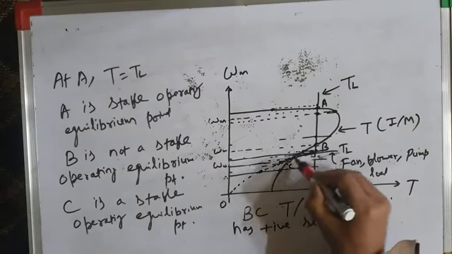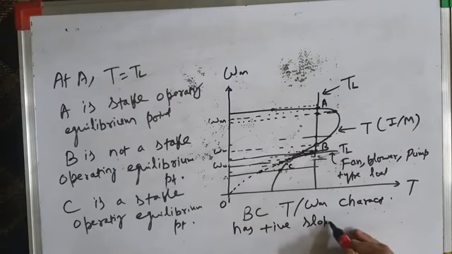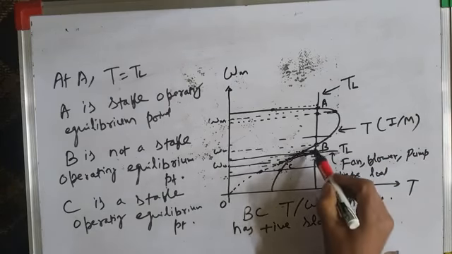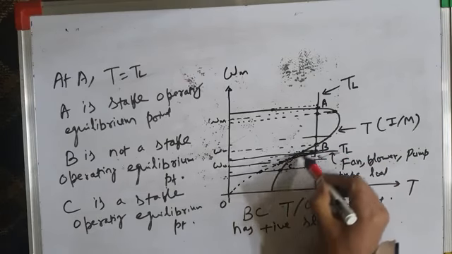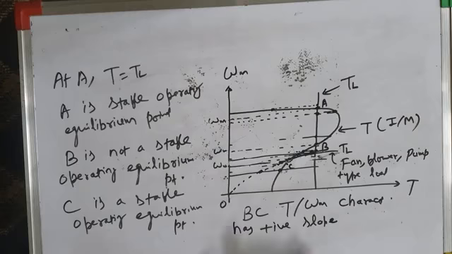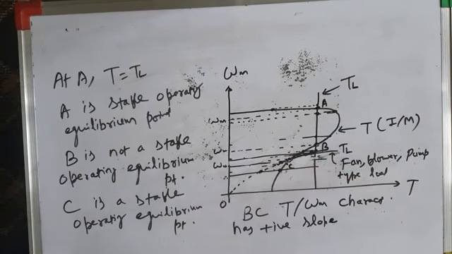It's like this, it is increasing. When you go from C to B, it is increasing. So it has a positive slope. And for most of the loads, if the load operates on this BC part of the torque speed characteristic of the induction motor, this portion is an unstable operating region.